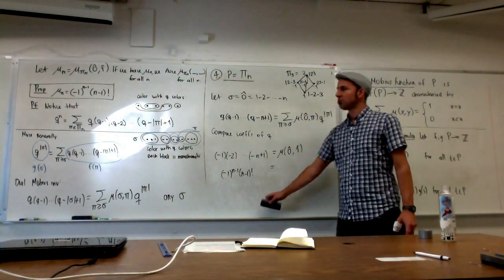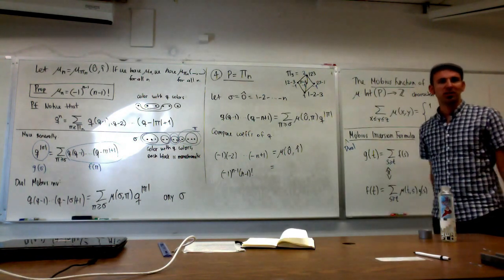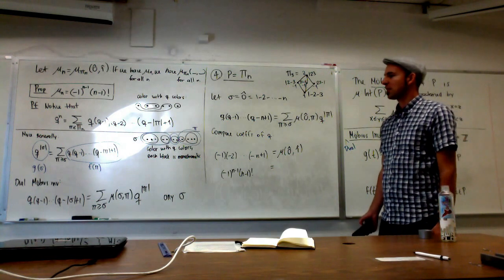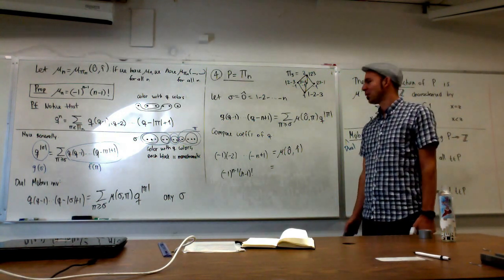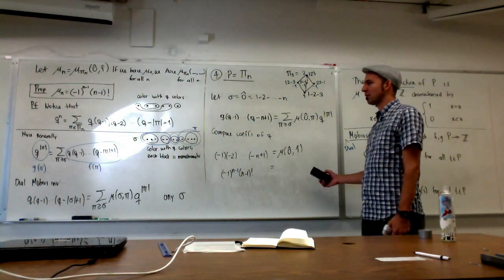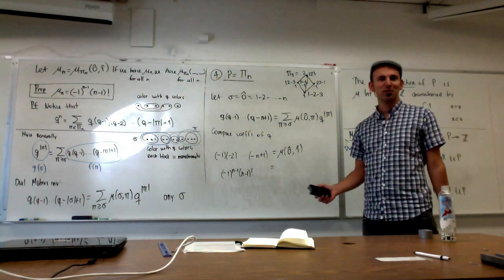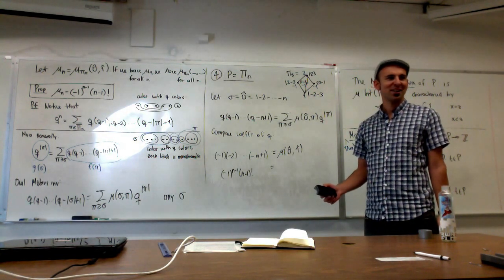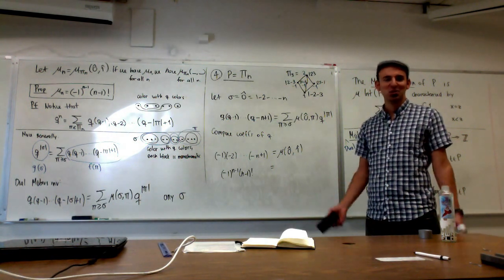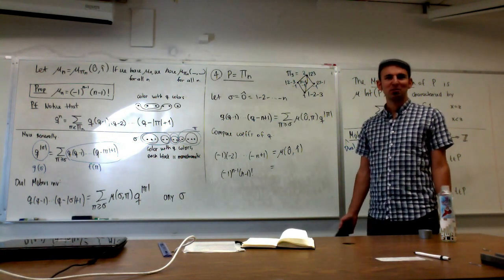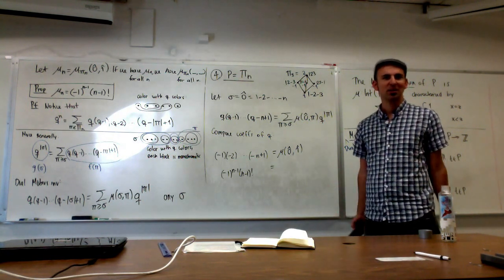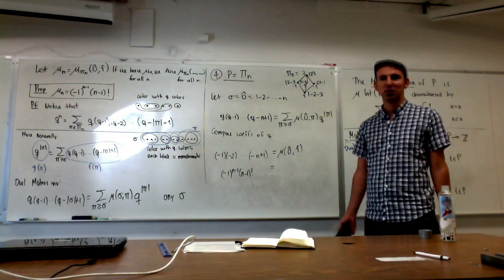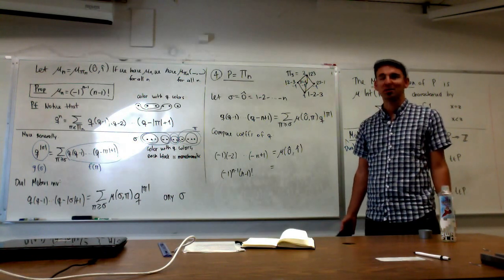So I hope this gives you a taste of what Moebius inversion looks like. It's really a very, very ubiquitous tool all over mathematics. Do you guys know the word ubiquitous? I didn't know it. Mathematicians use it a lot. Ubiquitous means that it's all over the place. It's a very frequent idea, an idea that keeps coming back, that appears in a lot of places.